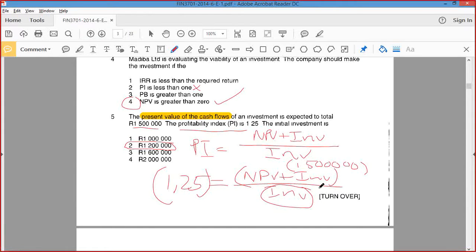No, they didn't. It was 2.2, remember, and Eunice still stuffed it up. It was 2.2, and then 480 was the investment. There they gave the investment, 480. So it's pretty much working it out exactly the same. Yeah, but how did they word it? Did they give you the present value of the cash flows?